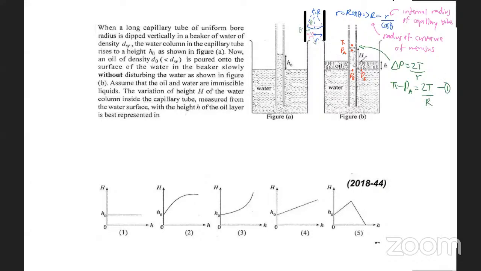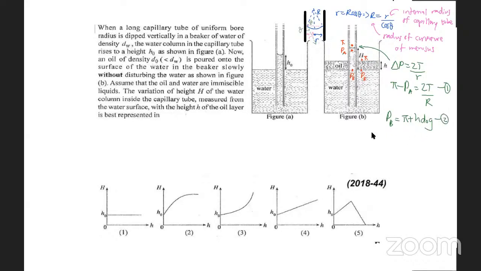And for PB, there are two equations we can write. One equation for PB is, people, what? At this point, the pressure is going to be definitely Pi. So one equation for PB is Pi plus, this is a flat surface, so directly we can say Pi plus small h, this is oil, density of oil is dO, small h dO g, second equation.